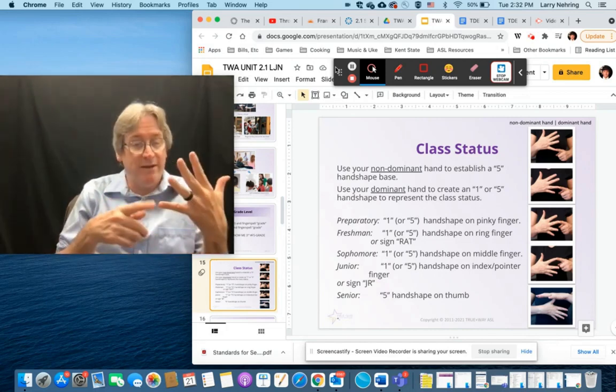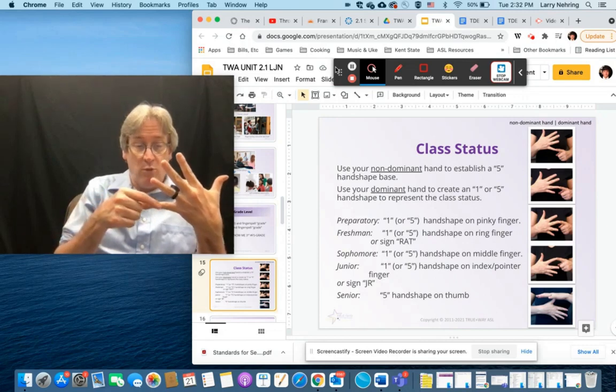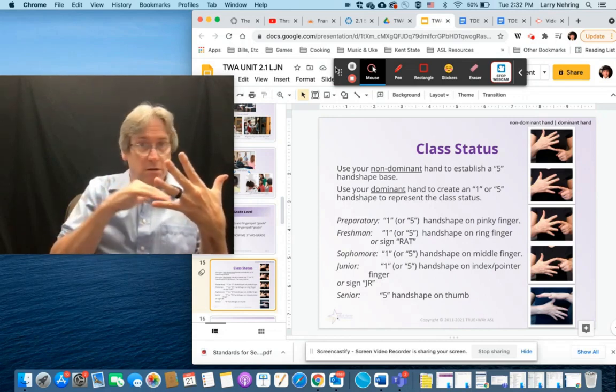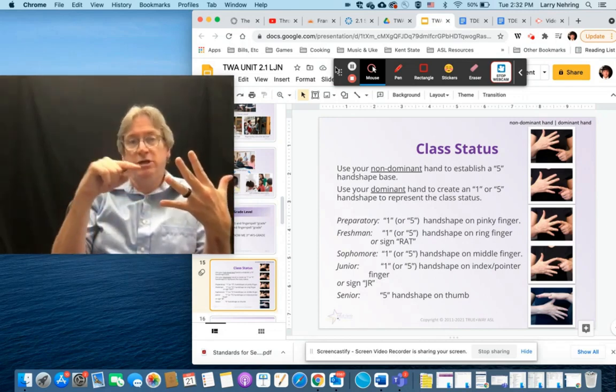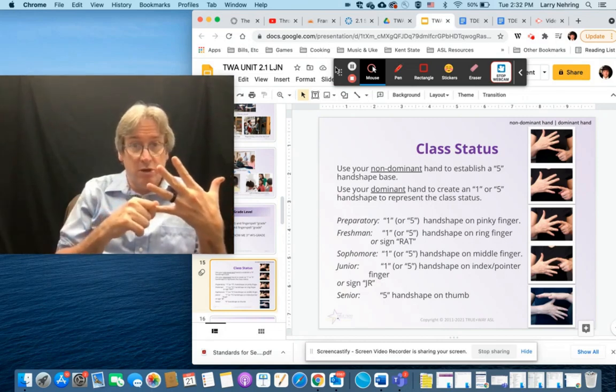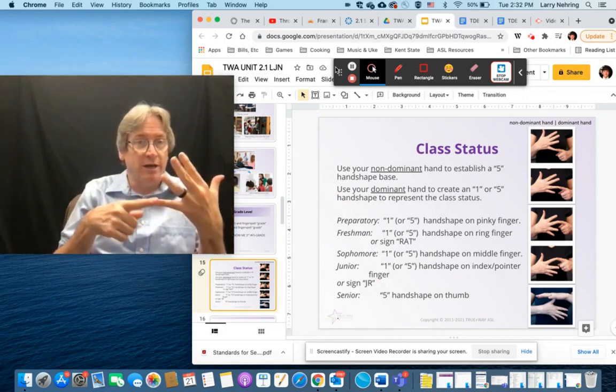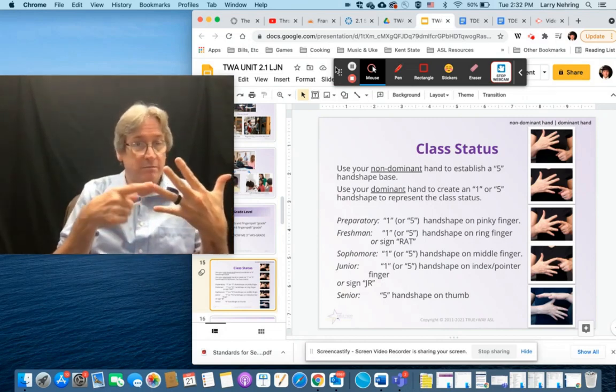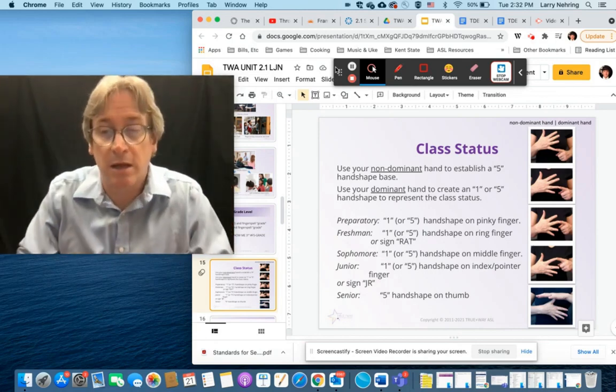So many programs will have a preparatory program that will focus the whole year on English and math. So that's why preparatory is the pinky. Freshman is the ring.